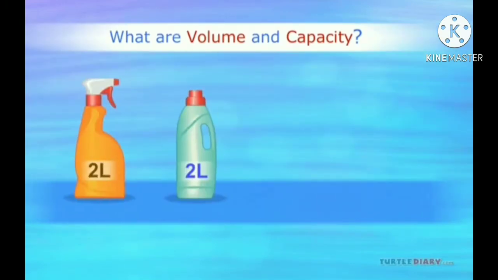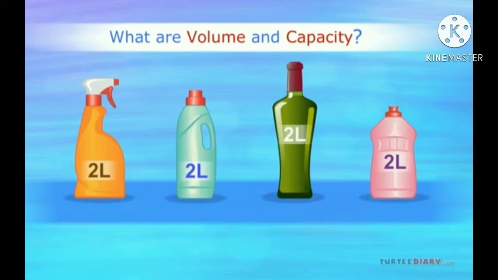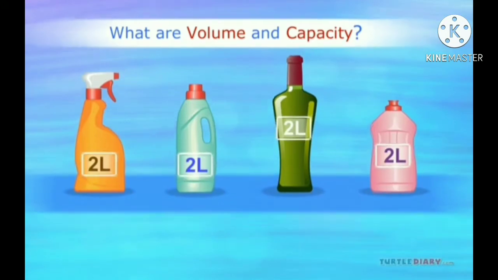Look at the following bottles. They all look different. They have different shapes, different heights, different colors, and different liquids inside. But they have one common property. The amounts of liquid inside the bottles are the same.